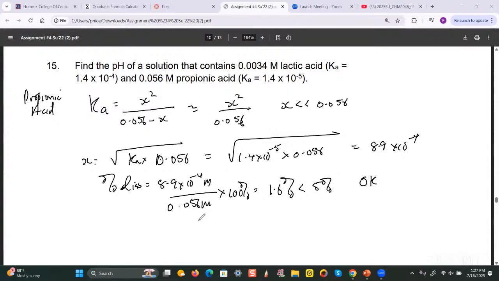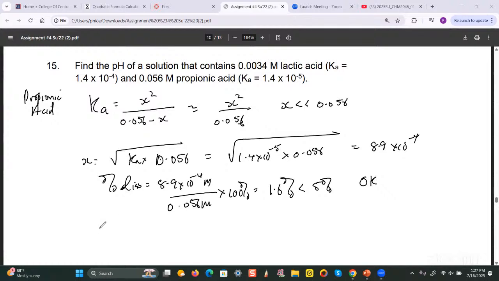So that means that, what's the next step? Now that we know that the assumption is okay, what's the next step? Find the pH.